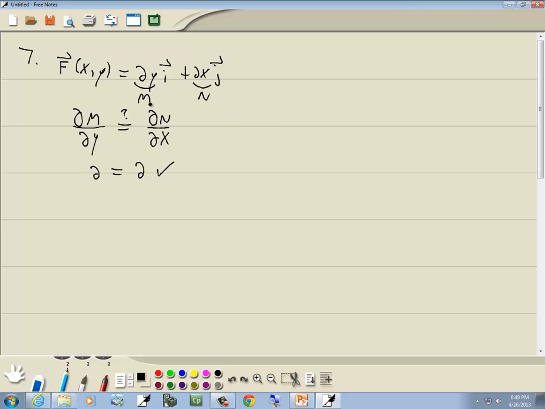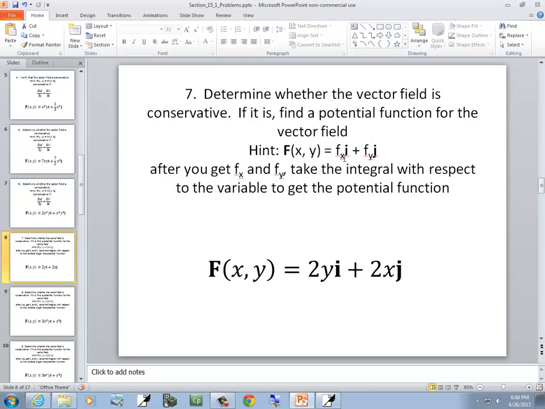Well, besides this being m and n, this right here is a partial with respect to x. So they're telling us a partial with respect to x is equal to 2y, and the partial with respect to y is equal to 2x. And I have this over in this slide here. You can see that what's before i is the partial with respect to x, and what's before j is the partial with respect to y.